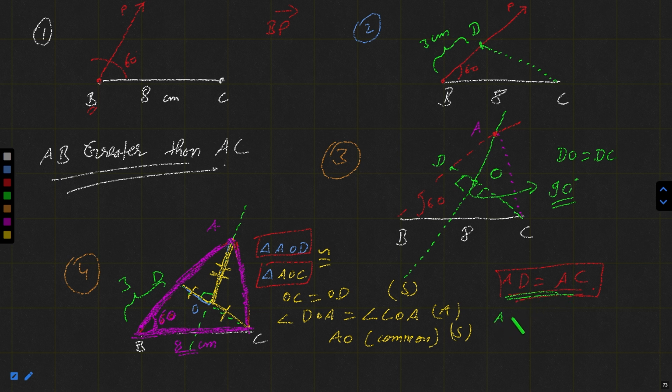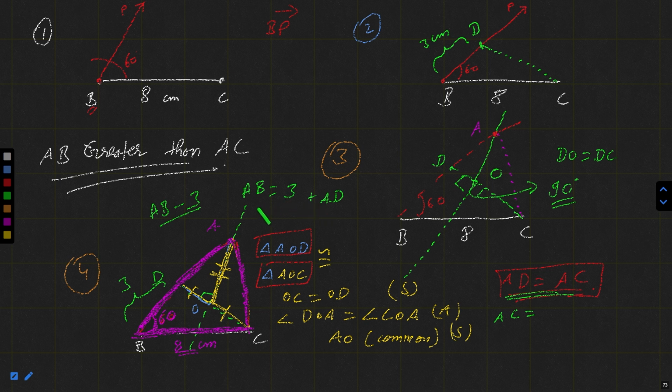So this means AD is equal to AC. Then AC is equal to, and I can rewrite AD as AB minus 3, because AB is equal to BD plus AD, and we know that BD is 3 centimeters.